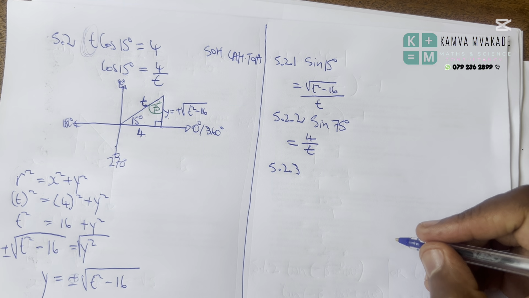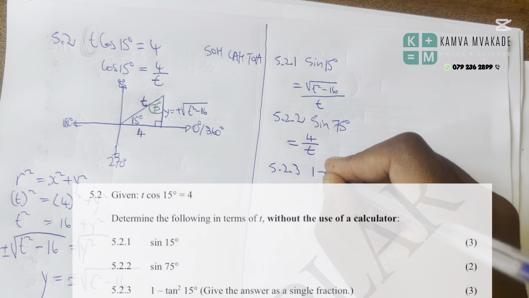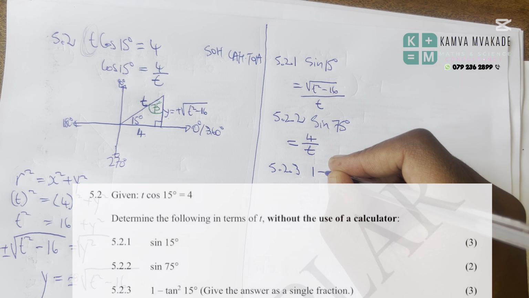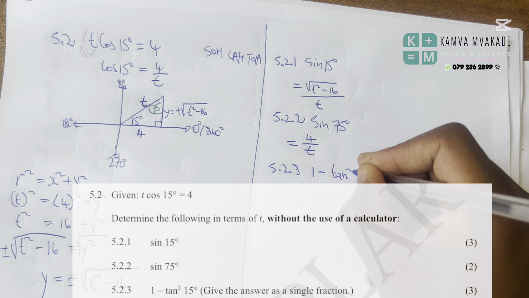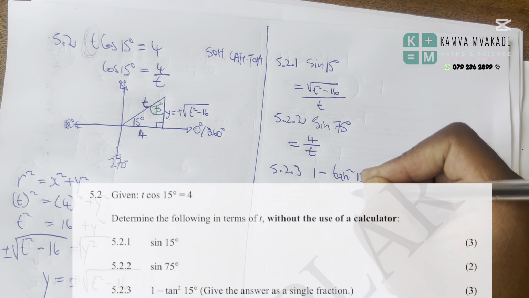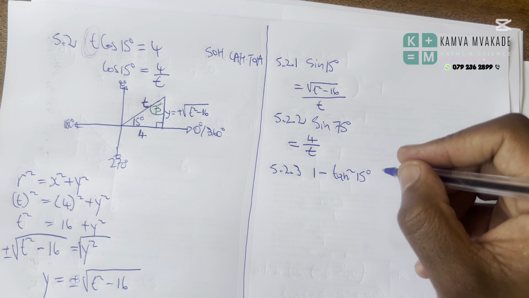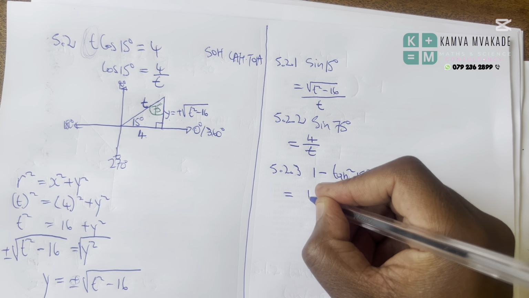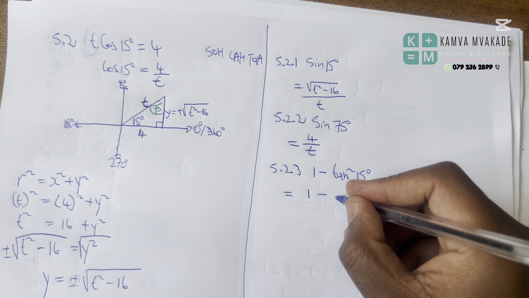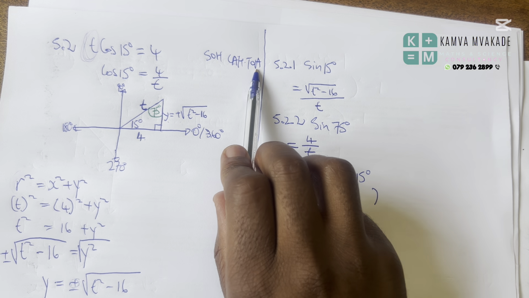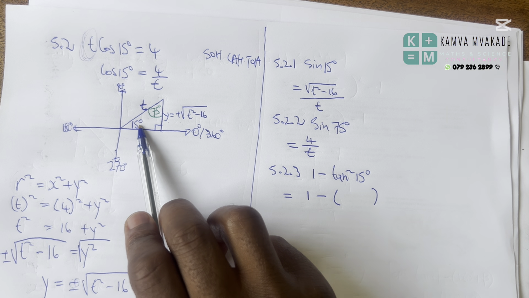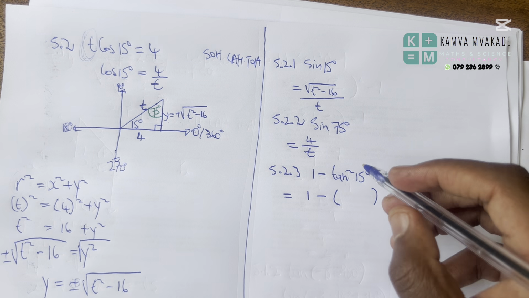5.2.3: we are looking at 1 minus tan squared 15 degrees. Tan is opposite over adjacent.